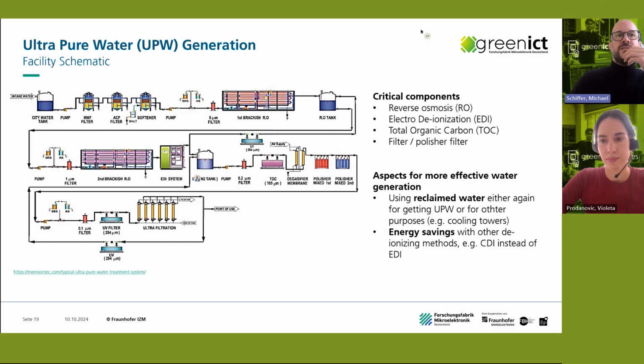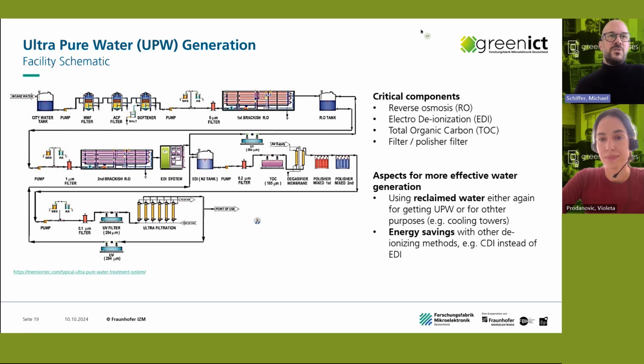Then you have again a tank where you store that water, and then you go to several stages for polishing, for degassing, and in the end you go to ultrafiltration, and then you go to the clean room so that you have really the highest quality of water.